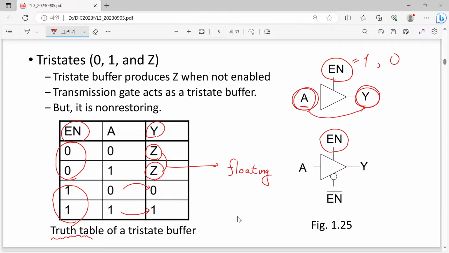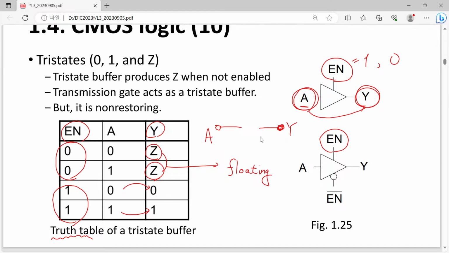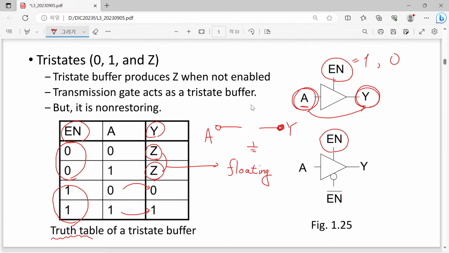Why is it called floating? When enable equals 0, we have a well-defined A, but Y is not connected to A. There is no way for Y to have a concrete value. It is not connected to A, it is not connected to ground, it is not connected to VDD.